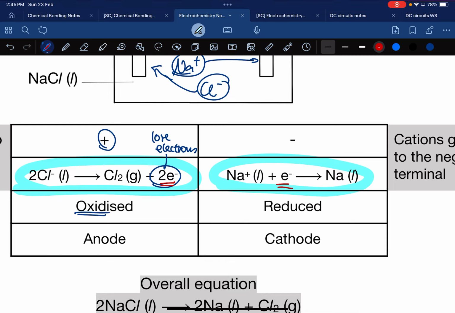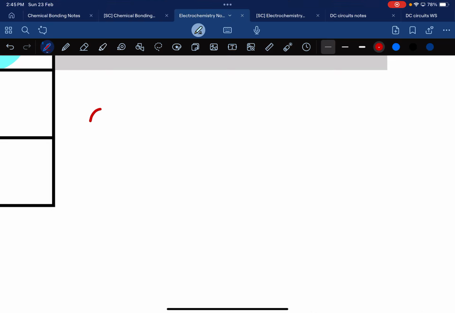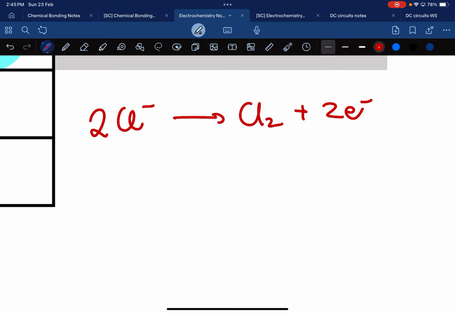What exactly do I mean by this? Let's go through. On the left side, I have 2 Cl minus to give you Cl2 and 2 electrons. On the right side, you have Na plus and 1 electron to give you sodium metal. Correct?